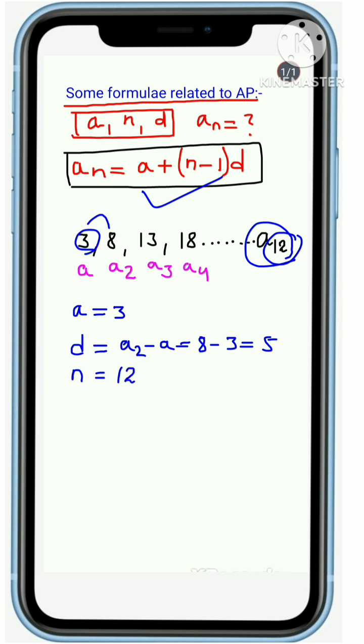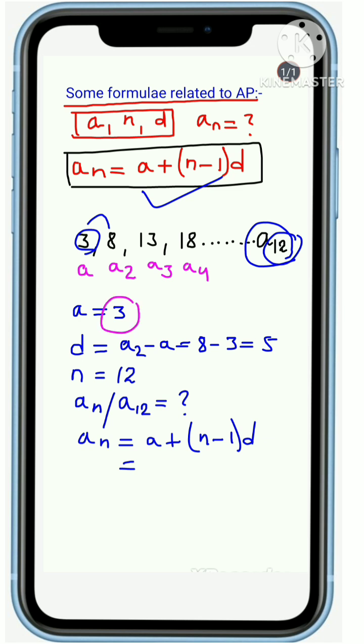Now we have to find AN, that is A12, and we have the formula AN equal to A plus N minus 1 into D, and here A is 3 plus N is 12 minus 1 into D, D is 5.